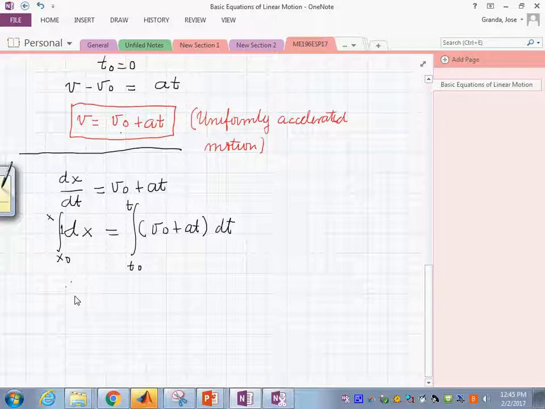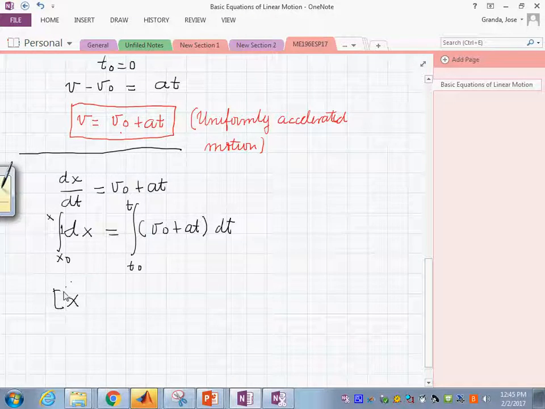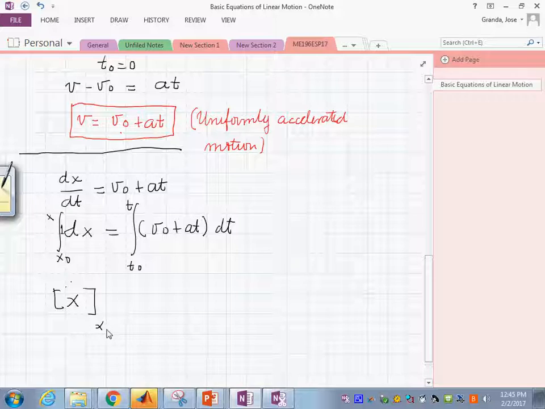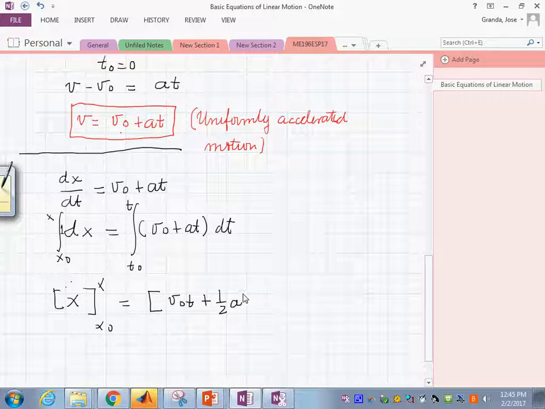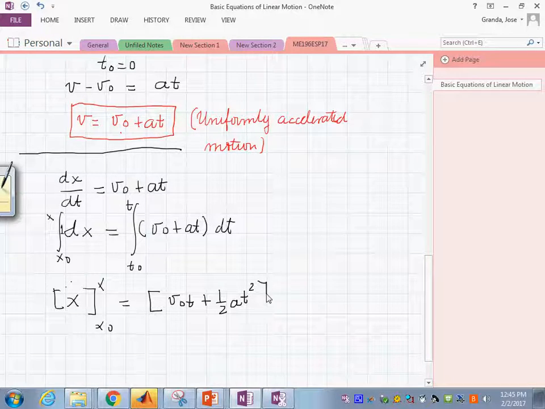So this is going to be x between x sub 0 and x. And then in here, this is going to be v sub 0 t plus 1/2 of a t squared between t sub 0 and t.